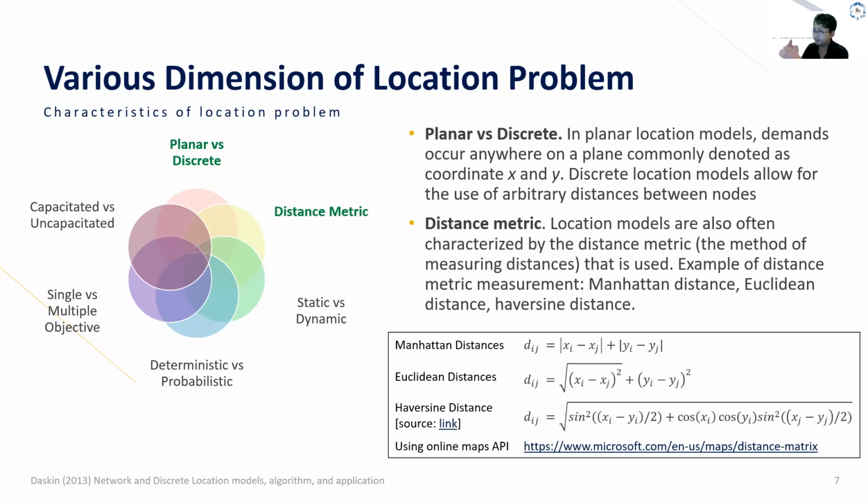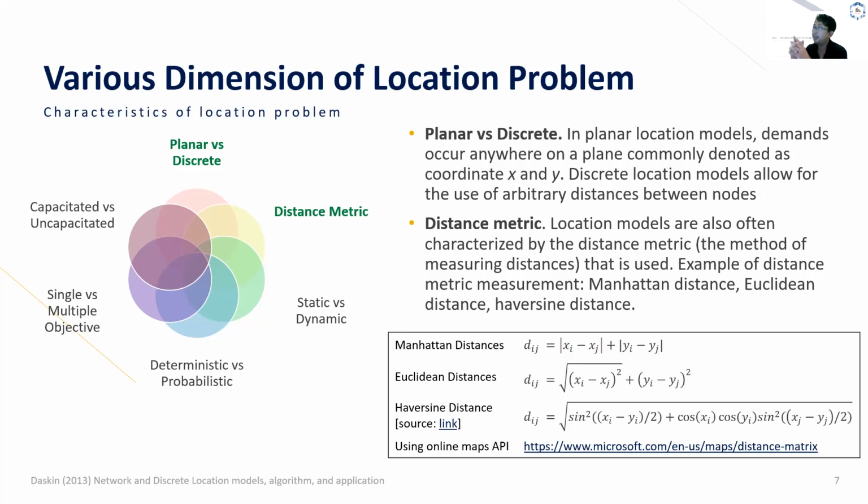It can be any particular map, like Cartesian maps, like we normally use in calculus, represented in the x-axis and y coordinates, or in real maps. For example, you use the longitude and latitude of particular locations. That type of location problem is classified as a planar problem.